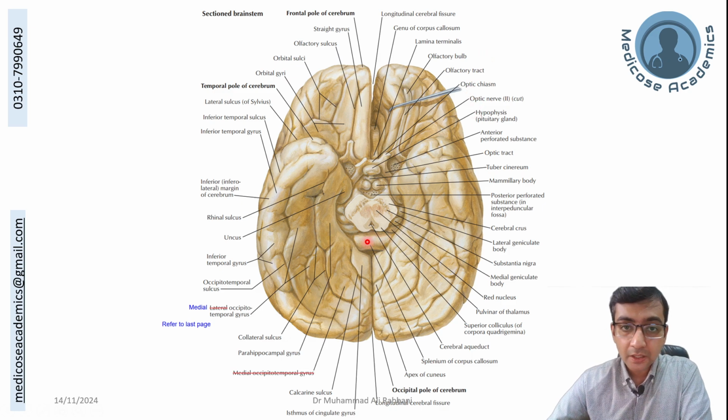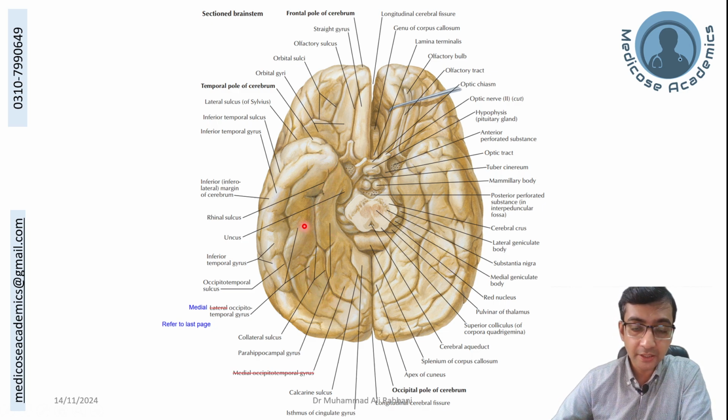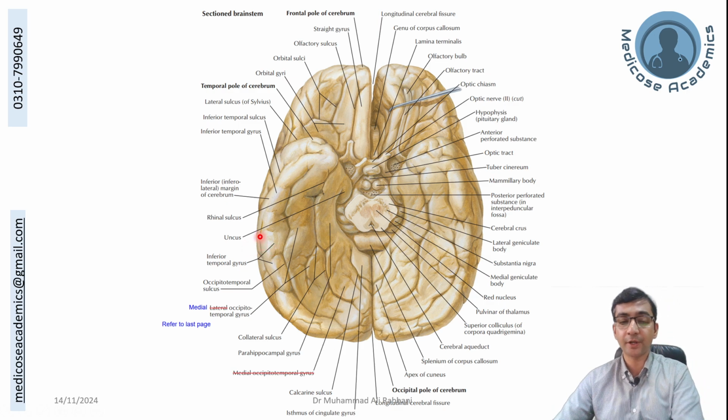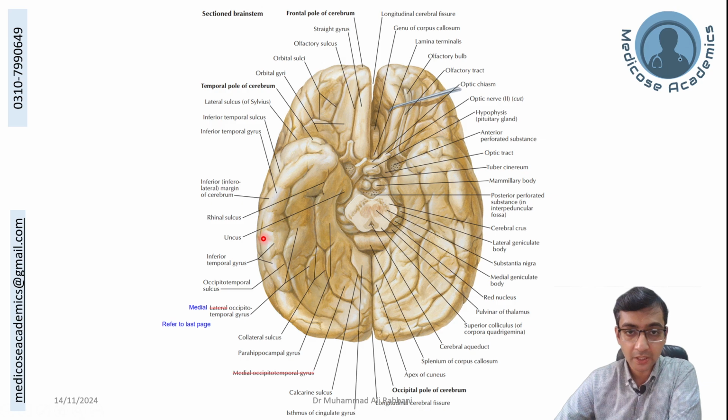Here will be lingula, and there will be parahippocampal gyrus and uncus, and here will be collateral sulcus, and this continues as rhinal sulcus. This is the medial occipitotemporal gyrus, and it's bounded laterally by the occipitotemporal sulcus, and this will be the lateral occipitotemporal gyrus that seamlessly becomes the inferior temporal gyrus on the lateral aspect.